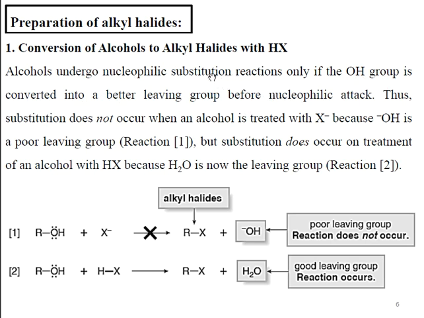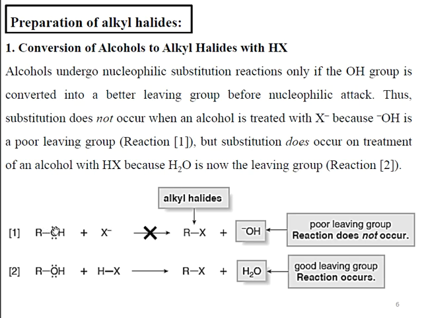What does the substitution mean here? It means removing the OH and putting in the halogen, replacing the hydroxyl group with the halogen. Substitution doesn't occur when the alcohol is treated with X minus.